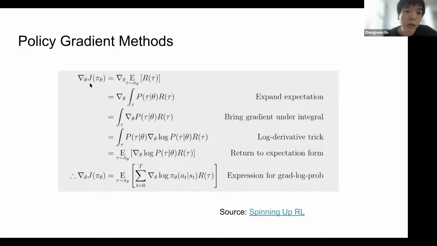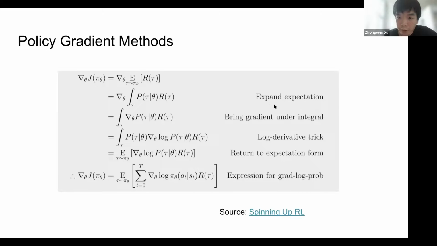And then we take the gradient of the objective J with respect to the parameters theta. J is defined as the expectation of all of the rewards over the trajectory tau. The trajectory tau is sampled from the policy, and the objective is defined as an expectation over all of the trajectories. And the goal of reinforcement learning is to maximize the total reward, right? So the first equation is describing the same thing.